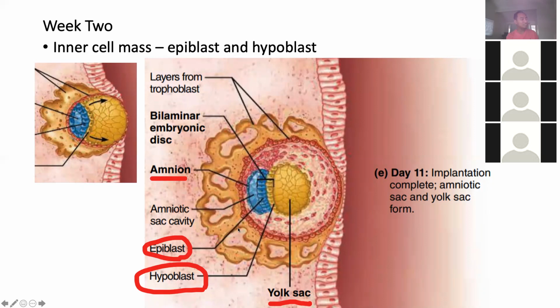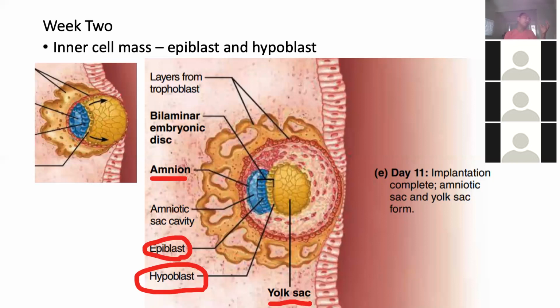So the blue cell is called epiblast, and the cell which is going to be on the yolk sac here, it is called the hypoblast. Other terminologies come into our way, and we have to absorb the impact.